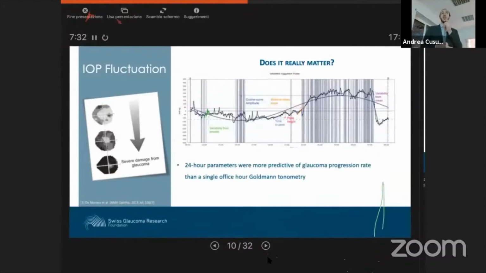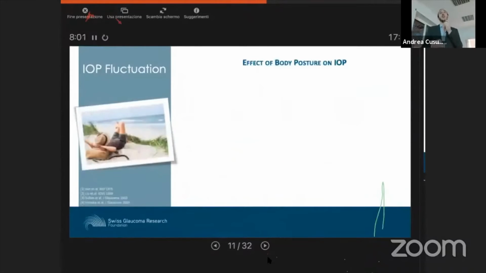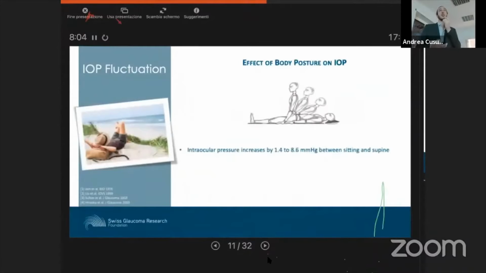And what they found is that these parameters of fluctuation, all the fluctuation we can see over the course of a day, are actually more predictive of glaucoma progression and visual loss from glaucoma than a single reading we get when we come and see the doctor and check the pressure. So variation may actually have a greater role than a simple intraocular pressure reading in determining whether glaucoma is getting worse or not.